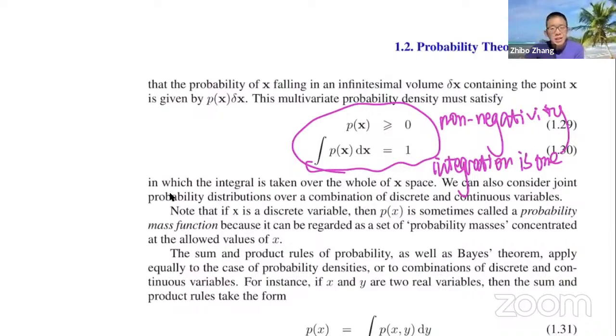There is a limited number of choices there. The term probability mass function is used because it can be regarded as a set of probability masses concentrated at the allowed values of X.